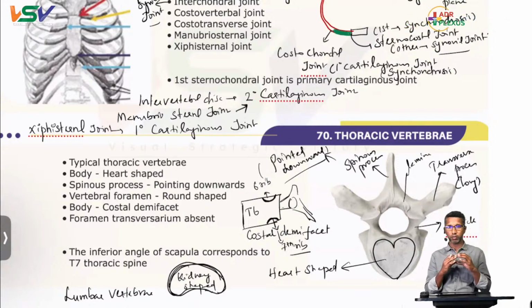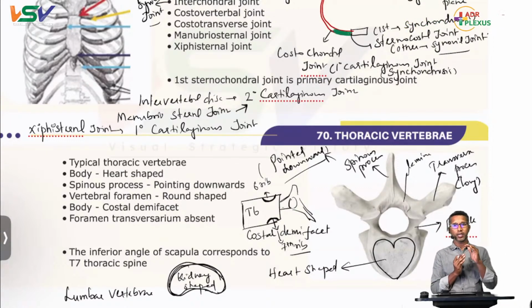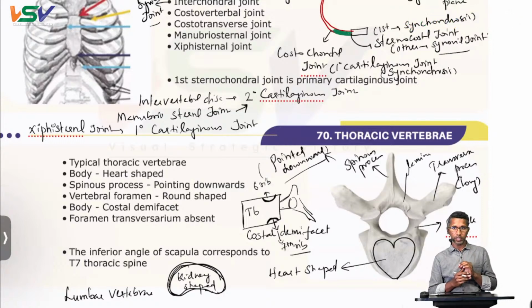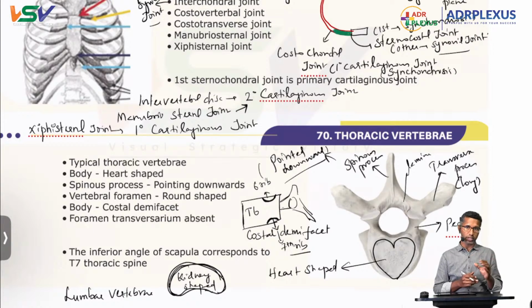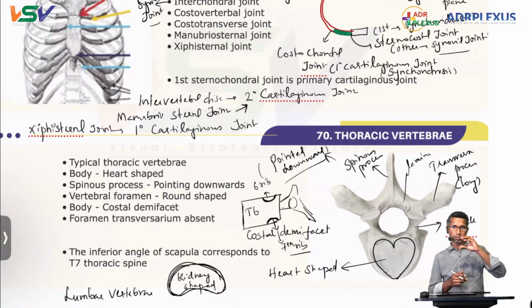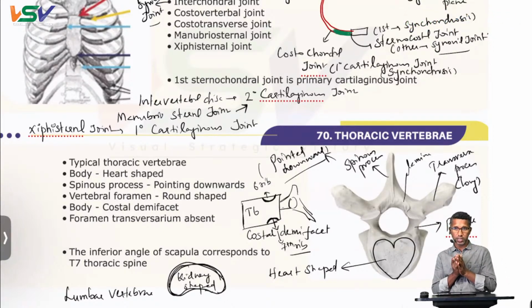When you see the vertebral body from the sides, it has half facets. They are called demi facets, and the structure that articulates with them is the rib. That is why it is called a costal demi facet. The upper facet articulates with the corresponding rib.